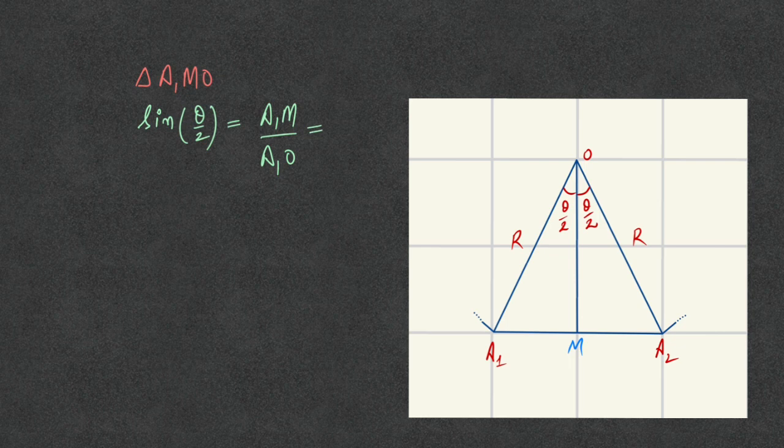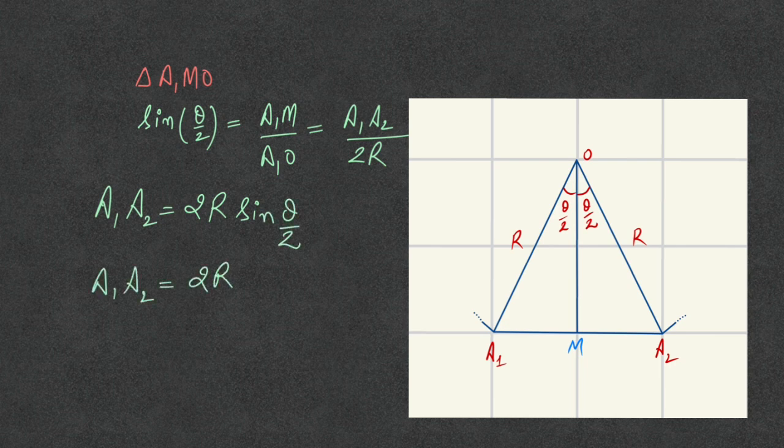This is equal to A1A2 upon 2R. Comparing these two terms, I get A1A2 is equal to 2R times sine of theta by 2.